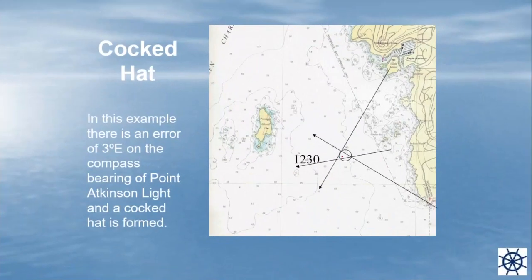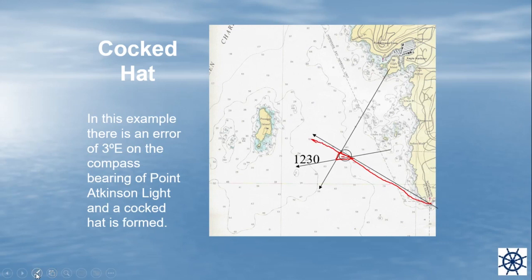Like this, the bigger the triangle, the greater the error. So in this example, there is an error of 3 degrees east on the compass bearing of Point Atkinson light, and a cocked hat is formed. So our 3 degrees error is on Atkinson.